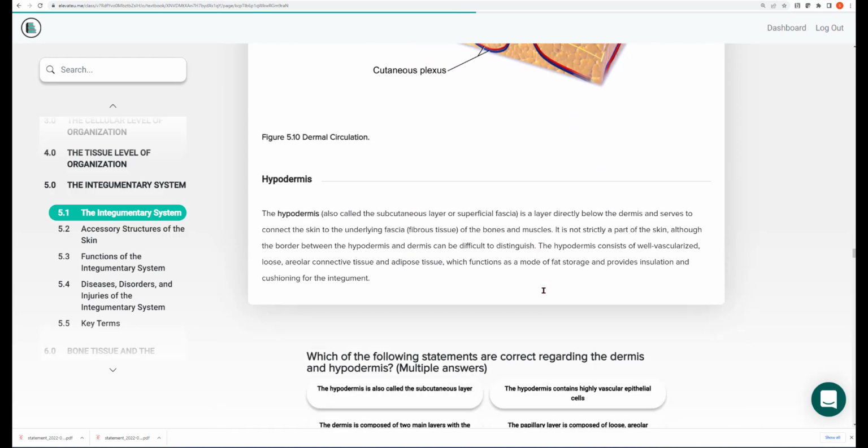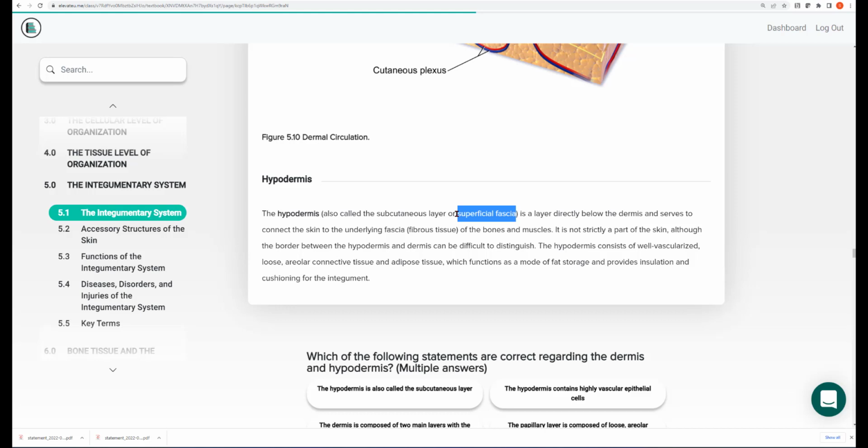Now, briefly, let's just go to the hypodermis. This is simply the layer on which the skin sits. This is also called the subcutaneous layer, right? Sub, under the cutaneous membrane. And you'll also see this same layer called the superficial fascia. This term doesn't make sense yet. It will in a few days when we get to muscle and other structures of the body.